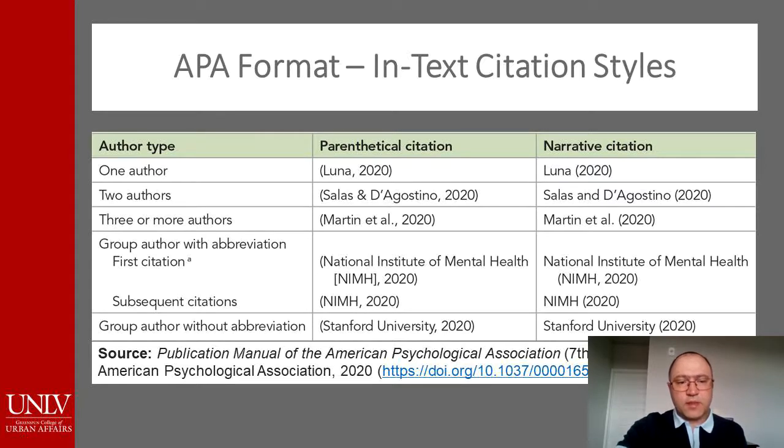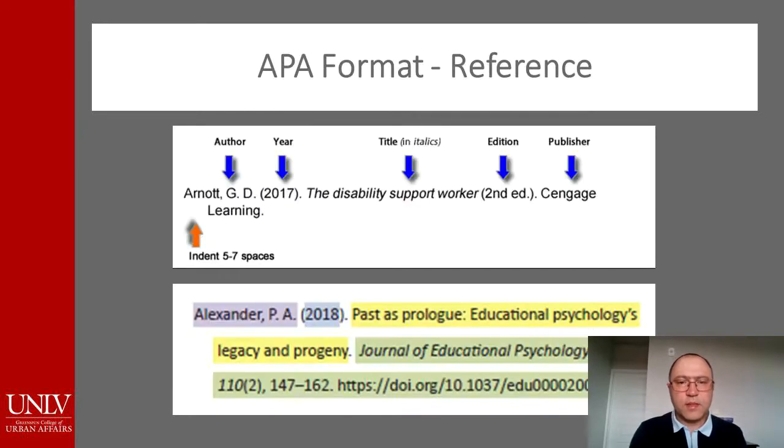When you have a group of authors with an abbreviation, such as the National Institute of Mental Health, you can use the abbreviation. When the resource has a group of authors without an abbreviation, you can use the straight organization name that the authors belong to.